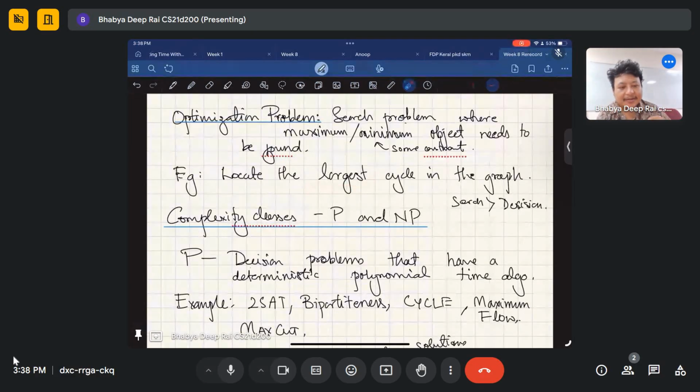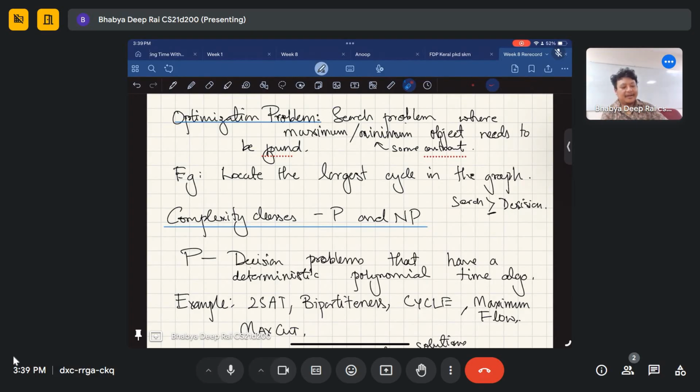Okay, so one thing we can immediately observe is that search is a much more difficult problem than decision. I wouldn't say much more difficult. It's at least as difficult as decision. Okay, that's a better way to say it. So why? Because given a search problem, let's say you have an algorithm for a search problem, you can always form a decision problem.